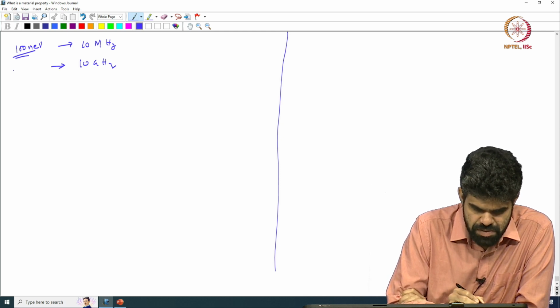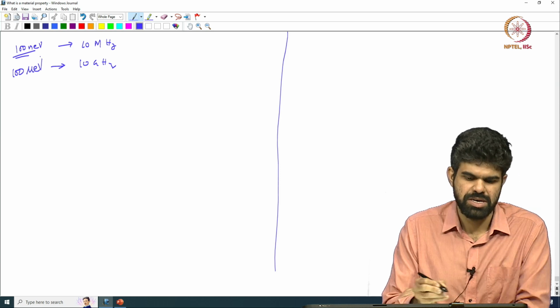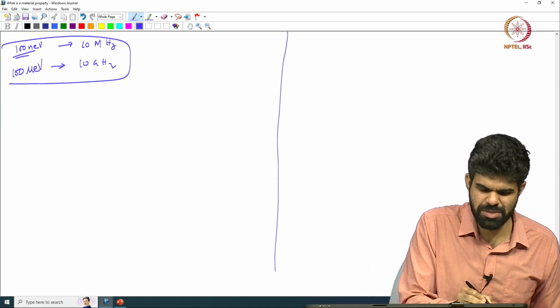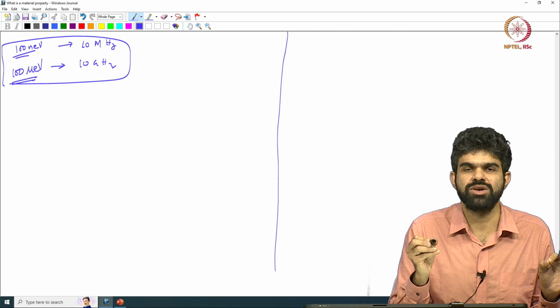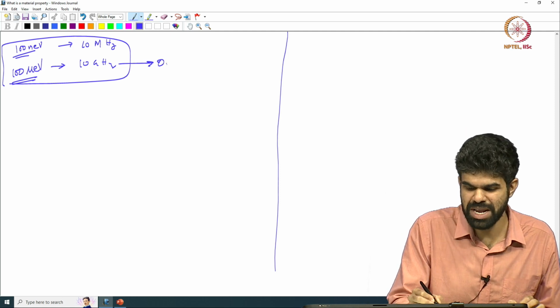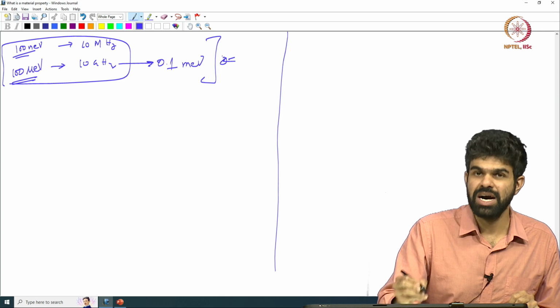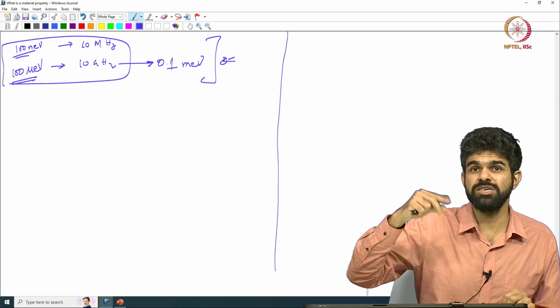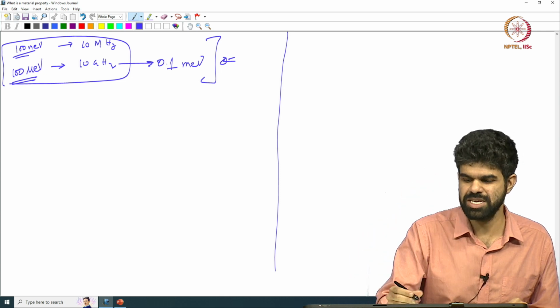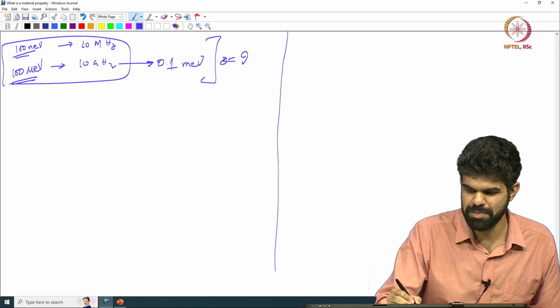So, 100 times 1000 is 100 micro electron volts. So, let us say electronic measurements stop at 100 micro electron volts, that is 0.1 milli electron volt. This is the energy of the electron excitation processes that I see using impedance spectroscopy.